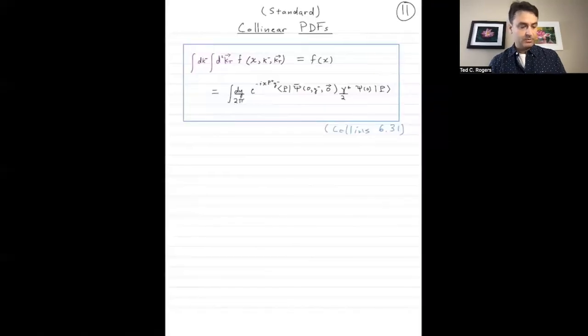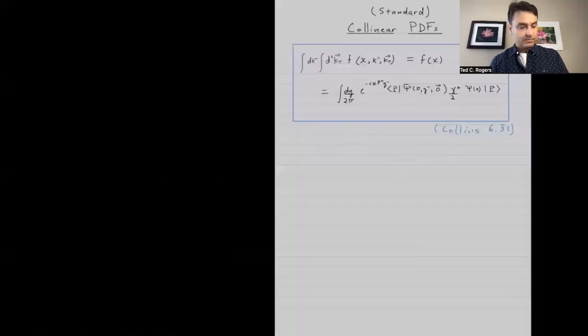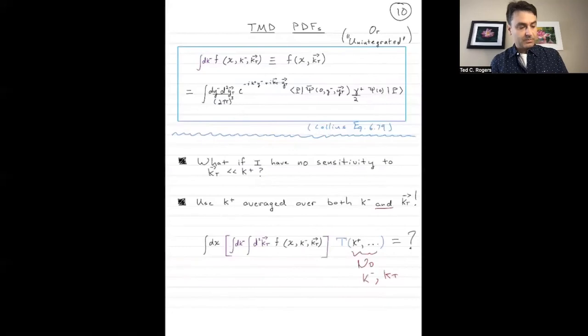Okay, well, what you get should be obvious now. The same as what we did up here, but now if I integrate over d2k vector, then I'm going to be integrating over only this exponential part.